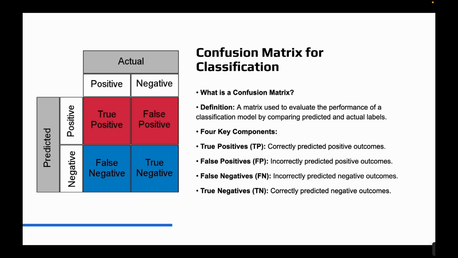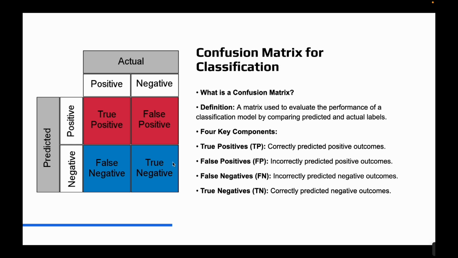So if you don't have cancer, but the model says you have cancer, this would be an example of a false positive. A false negative is where you had cancer, but the model says you don't have cancer, the opposite of what I just said for false positives. And true negative, so you don't have cancer, and the model says you don't have cancer.